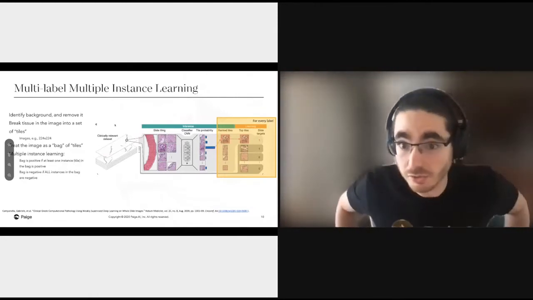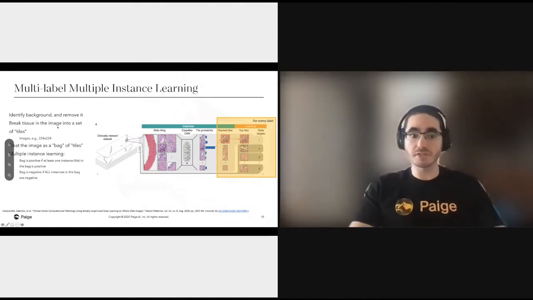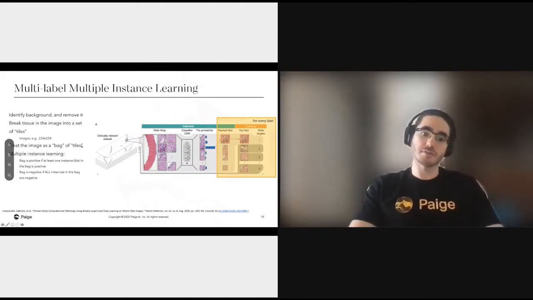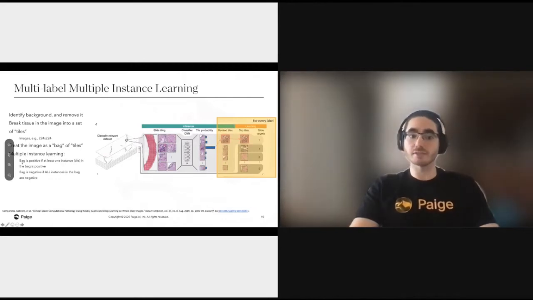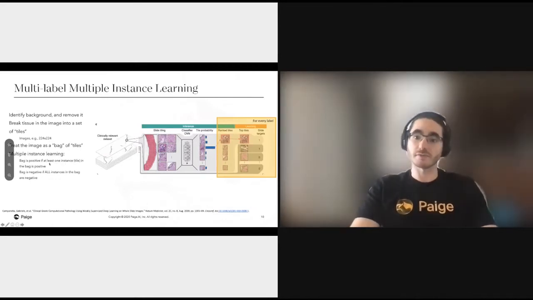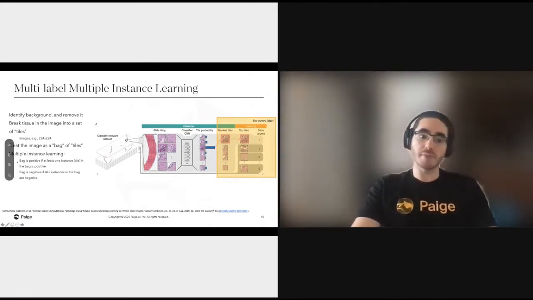So what we can do is something called multiple instance learning. We treat the image as a bag of instances, in this case tiles, and we try to classify the bags instead of the tiles themselves in terms of supervision. A bag will be positive if at least one tile in the bag is positive.